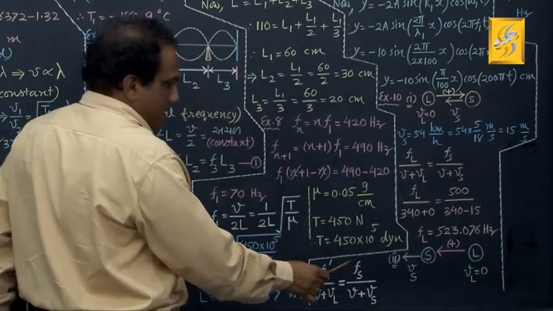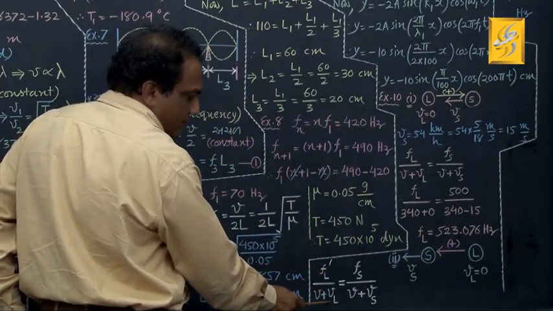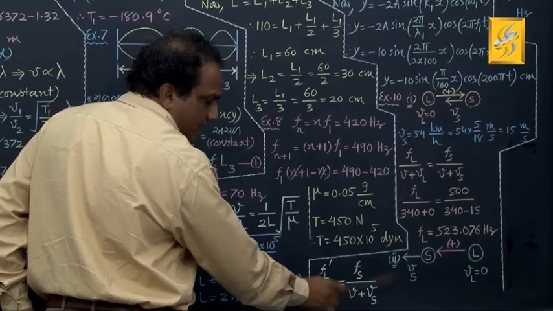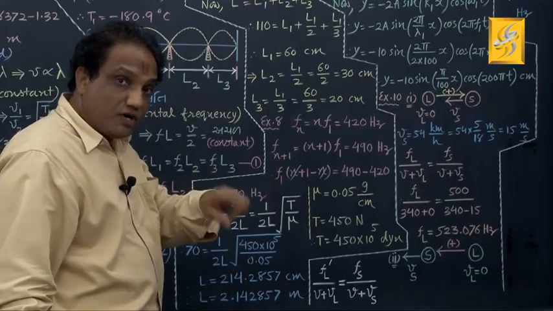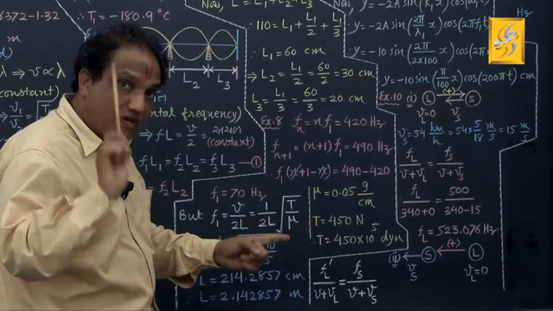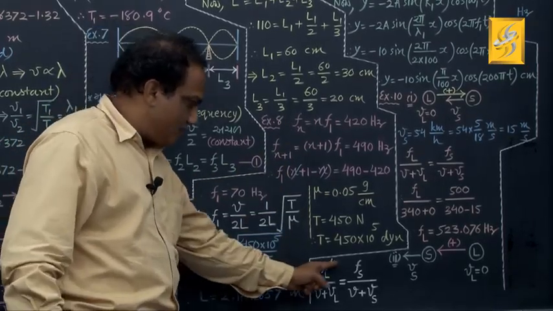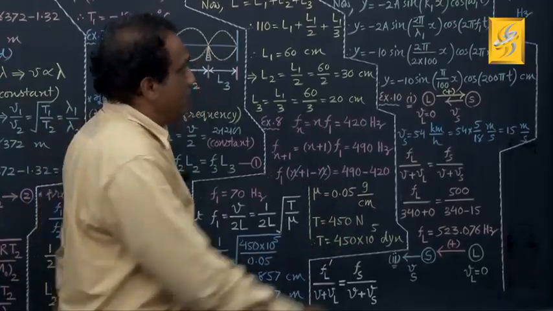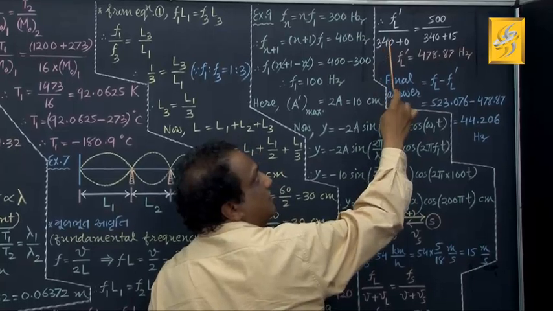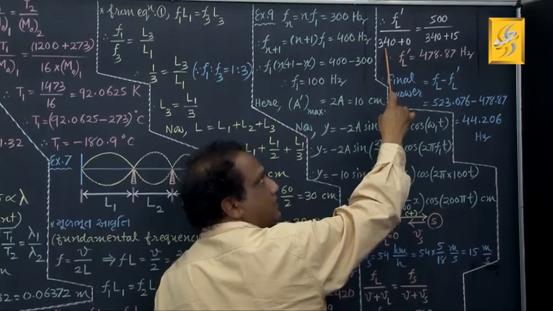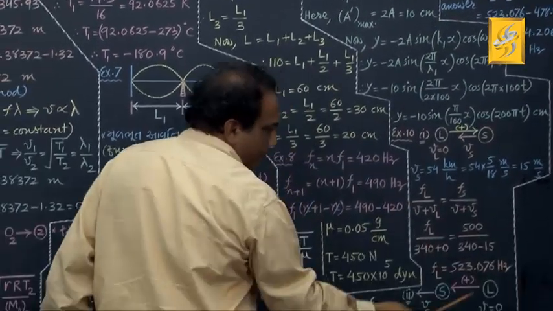Standard formula, FL upon V plus VL equals Fs upon V plus Vs. But right now this frequency heard by the listener is somewhat different than the earlier frequency, so I am putting a different symbol, FL dash, which I want to find out. V is the velocity of sound, 340 meter per second. VL is 0.